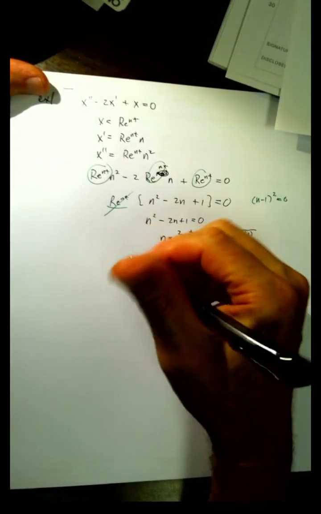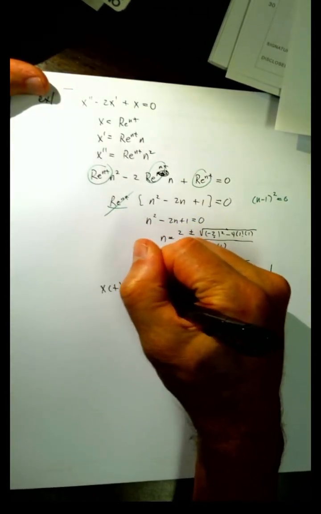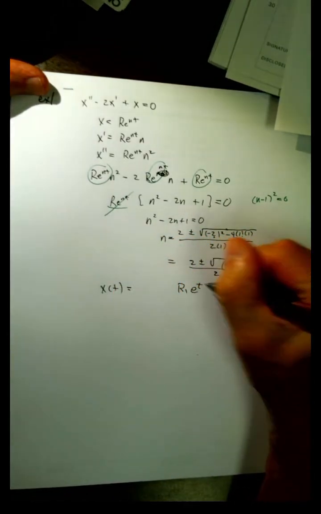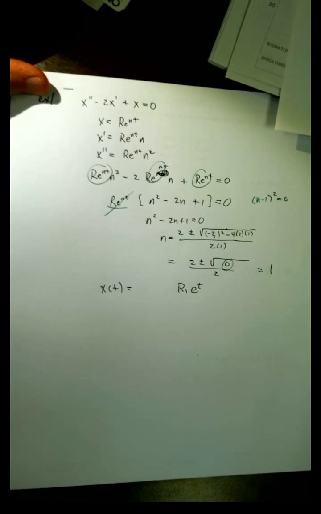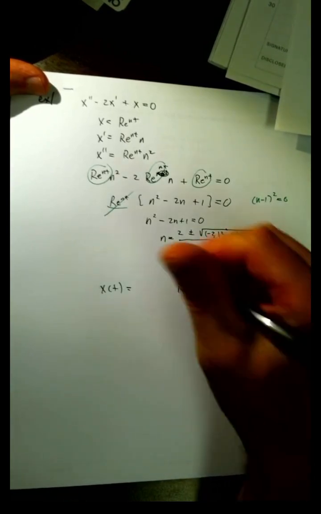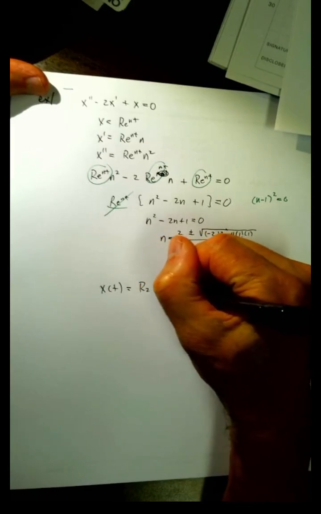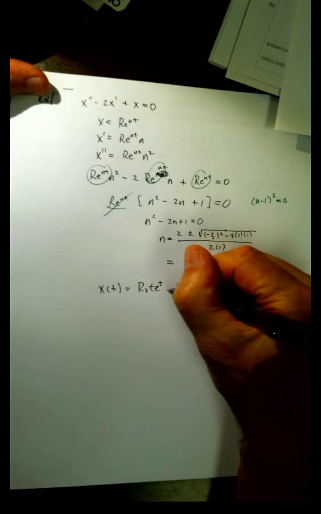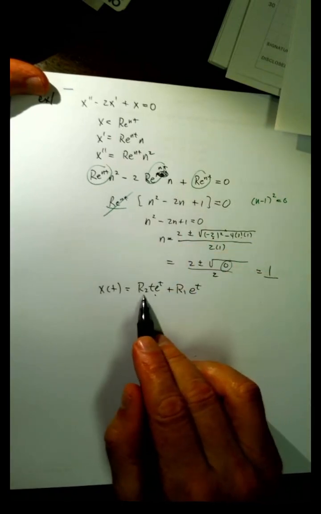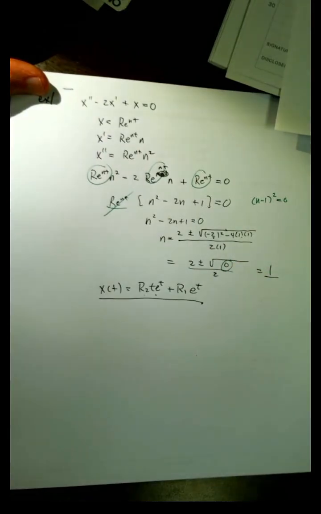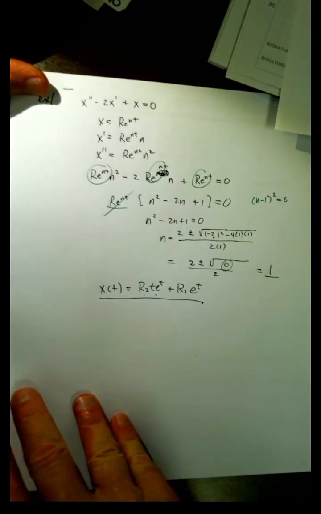But this means now my x of t is going to be r1 times e to the t, but because it's a double root, I have to multiply basically the same thing times t, but I could have a different constant there, and this is now my solution to the equation.